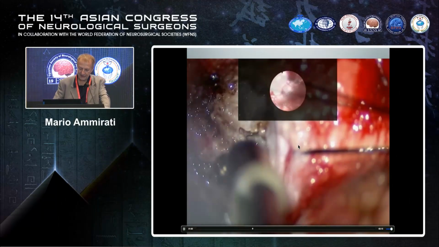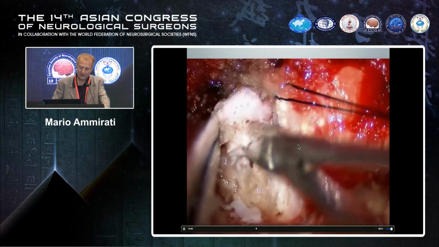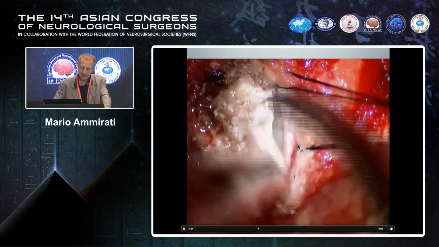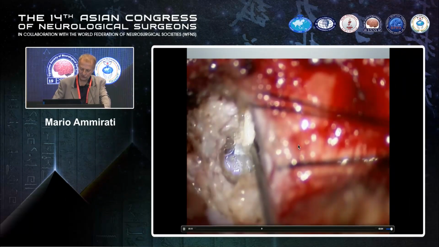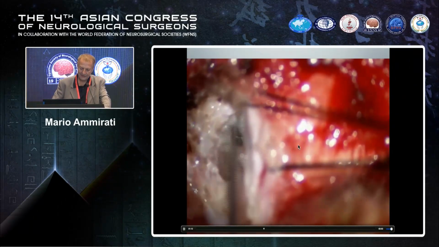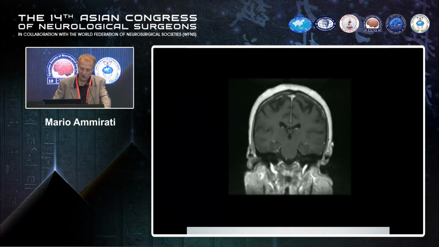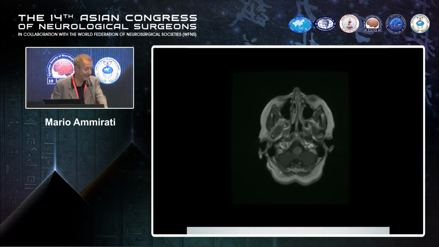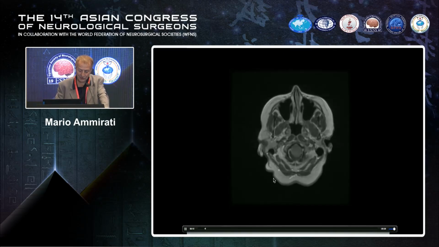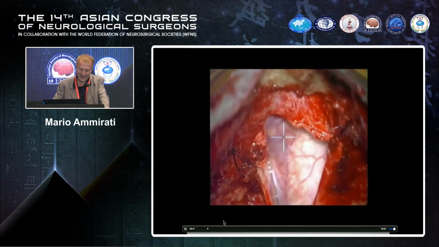So that's very important. Occasionally we use the endoscope just to confirm our understanding of the three-dimensional situation. And this one here is a very large meningioma. And I think here you probably see a very nice exposure of this area with the arachnoid intact.